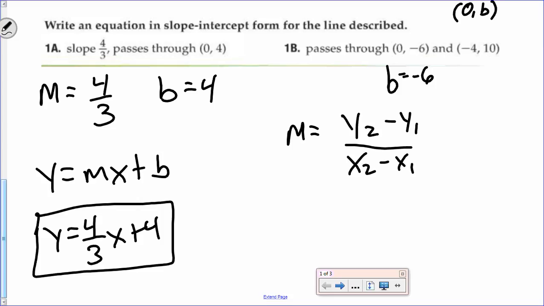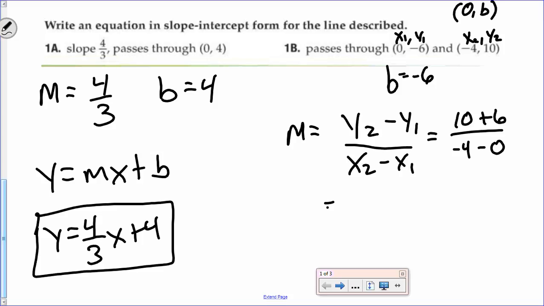So pick a point, call it 1 or 2, doesn't really matter. I'll go ahead and call this x2, y2, and this x1, y1. So using those values, I've got 10 minus -6, so 10 plus 6, over -4 minus 0.